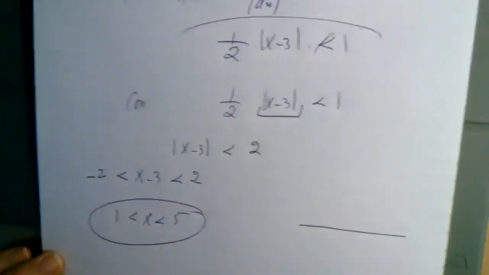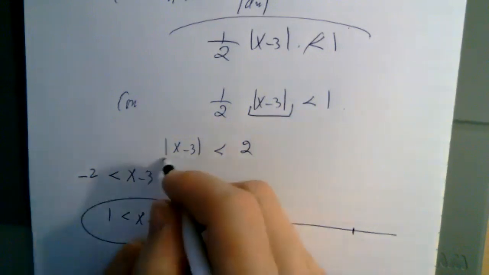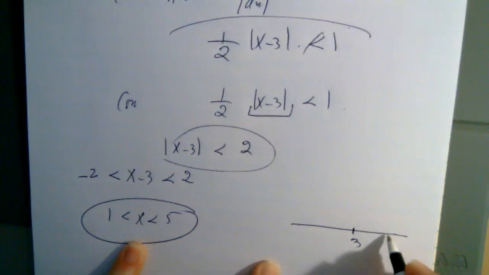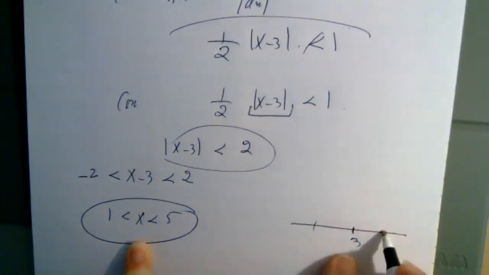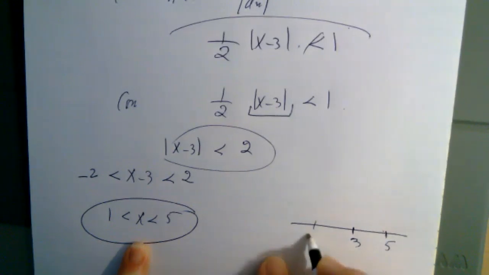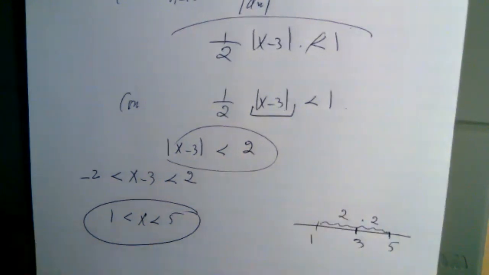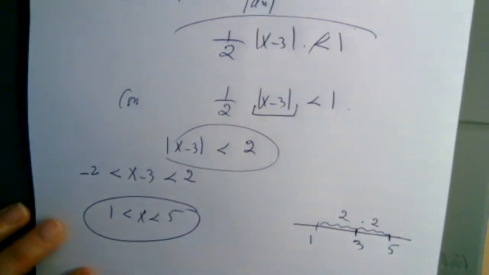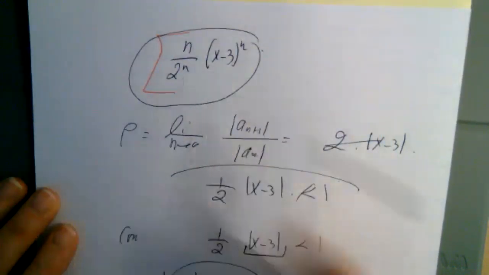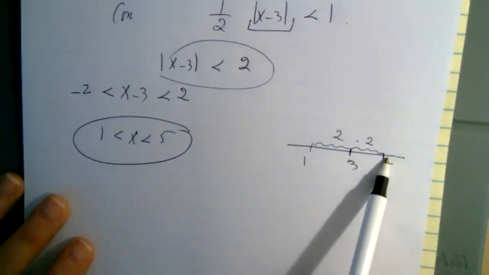So that's how you solve that. And geometrically, if the absolute value of x minus 3 is less than 2, it means x are in the interval, all the values of x such that up to 3 you get 2. So this is my 5 and this is my 1. So this series will converge for every x in the interval centered at 3 and with radius 2.